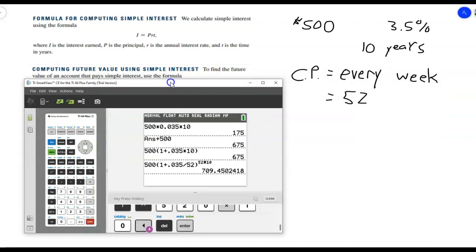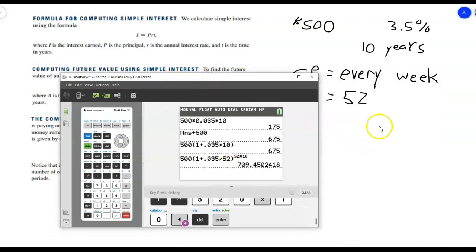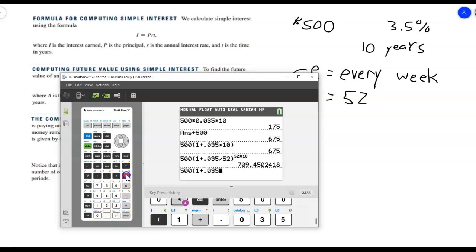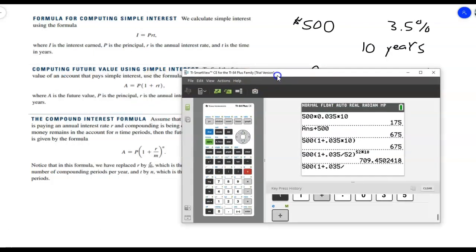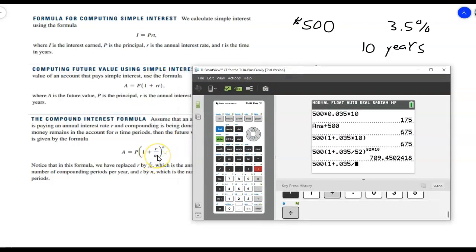All right, now let's see how much we'd get if we did it daily. So you're going to put in the same numbers here, 500, open parentheses, 1 plus the interest rate, which is 0.035, divided by M, which is the number of compounding periods per year. So if you did it daily, that would be 365 days in a year.